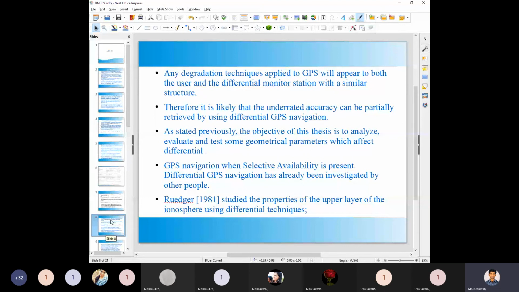Therefore, it is likely that the degraded accuracy can be partially retrieved by using differential GPS navigation.